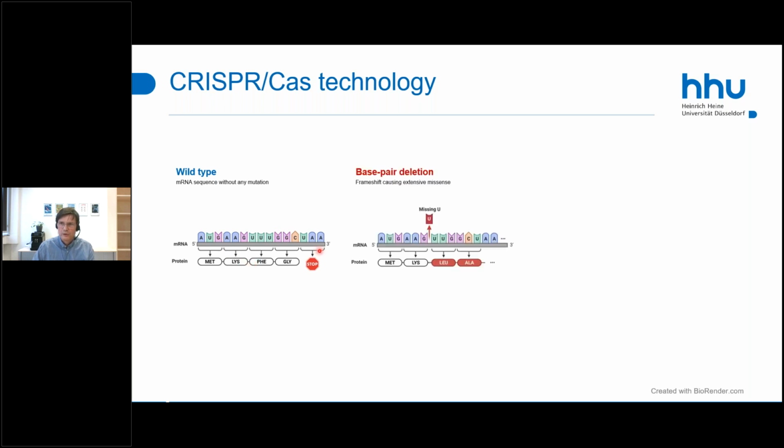As I said, following the non-homologous end joining pathway, you can have either insertions or deletions of single or several nucleotides. And as we read these triplets for one amino acid, this usually leads either to an altered amino acid sequence or to an early stop, which will abolish your protein.